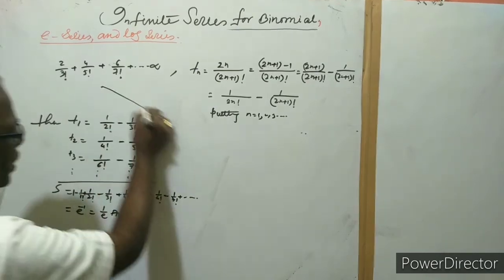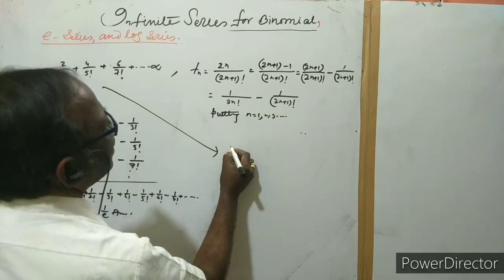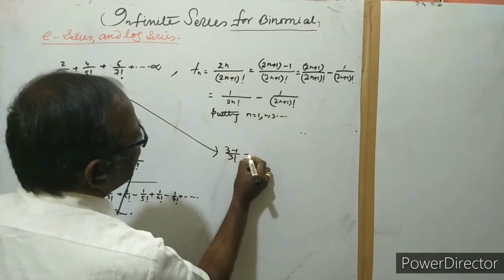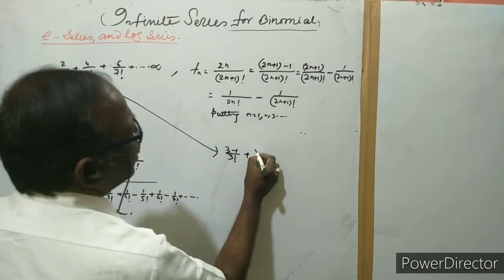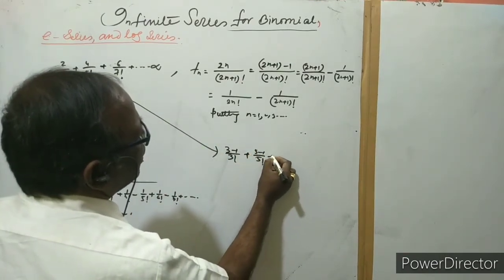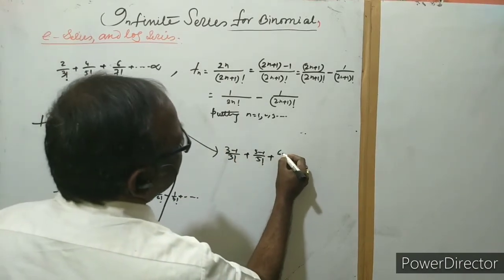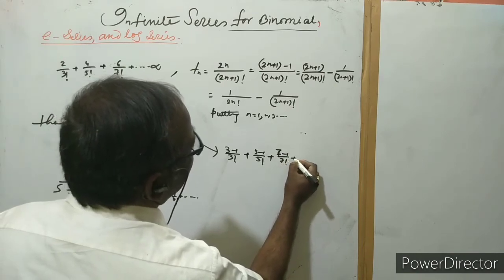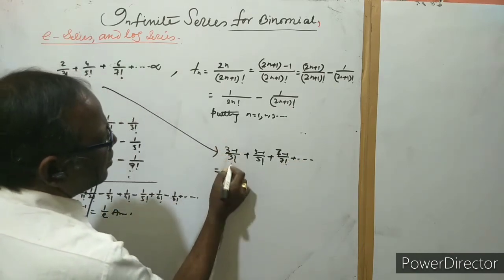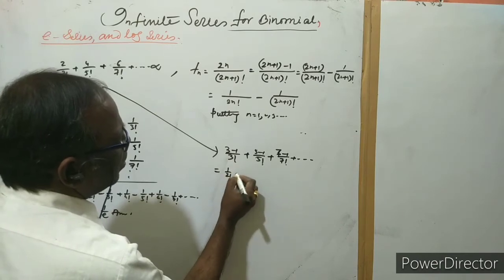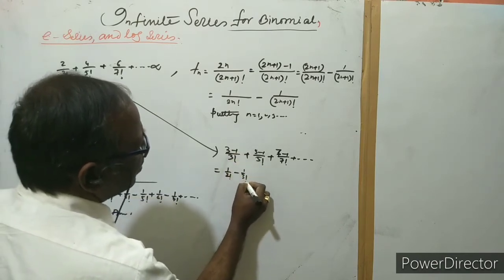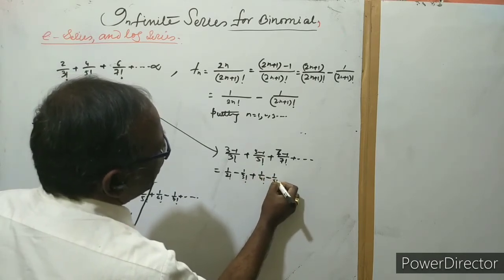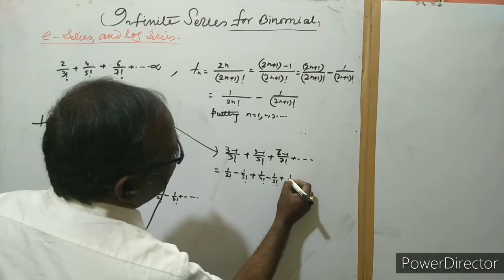And also another technique we can proceed with. This is 2, so we can write here 3 minus 1 by factorial 3. This is 4, we can write 5 minus 1 by factorial 5. And this is 6, we can write 7 minus 1 by factorial 7. So then what happened? 3 by factorial 3, we get here 1 by factorial 2, 1 by factorial 3. 5 by factorial 5, this is 1 by factorial 4, then 1 by factorial 5. 7 by factorial 7, then we get factorial 6.